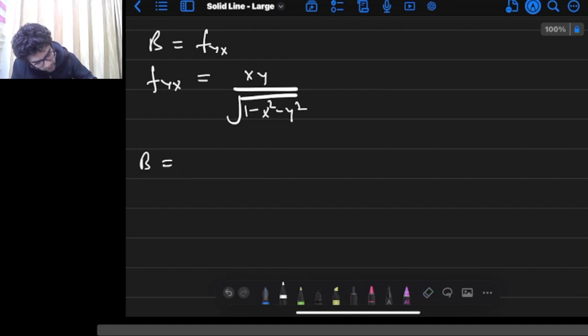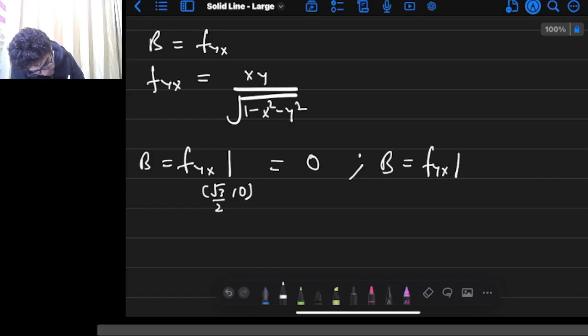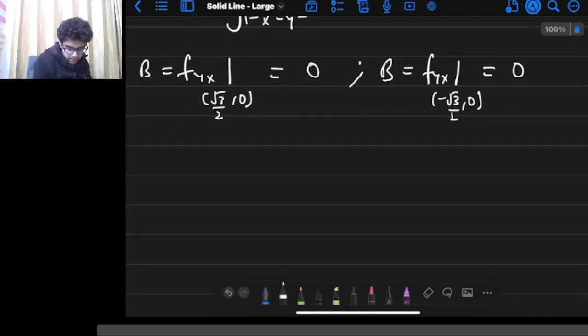So evaluating b, fyx at root 3 by 2 comma 0 gives me 0 because y is 0, right? And it is present in the numerator in a product with x, right? So this becomes 0, and b, fyx at minus root 3 by 2 comma 0 also becomes 0 because again y is 0, right?